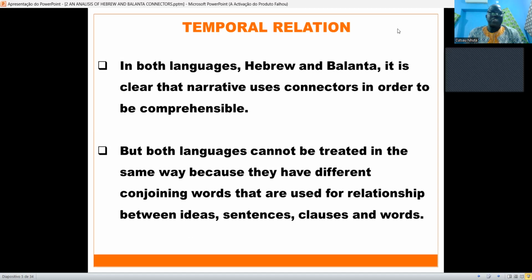Talking about temporal relations, in both languages, Hebrew and Balanta, it is clear that narratives use connectors in order to be comprehensible. But both languages cannot be treated in the same way because they have different conjoining words that are used for relationships between ideas, sentences, clauses, and words.